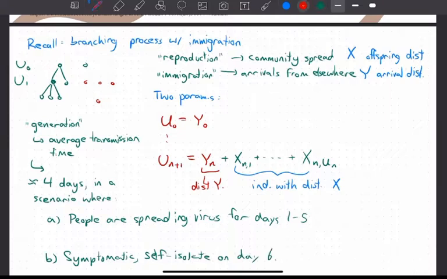Okay, you might say that's not how people are actually acting. Some people aren't self-isolating, so this is maybe an optimistic scenario.